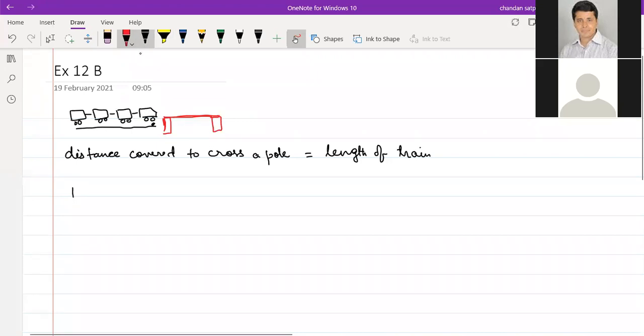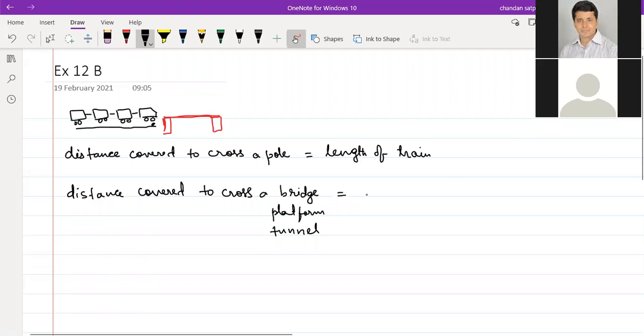Remember that the train has to travel the length of the train as well as the length of the bridge. So you can write that distance covered to cross a bridge or platform or tunnel, all same rules.